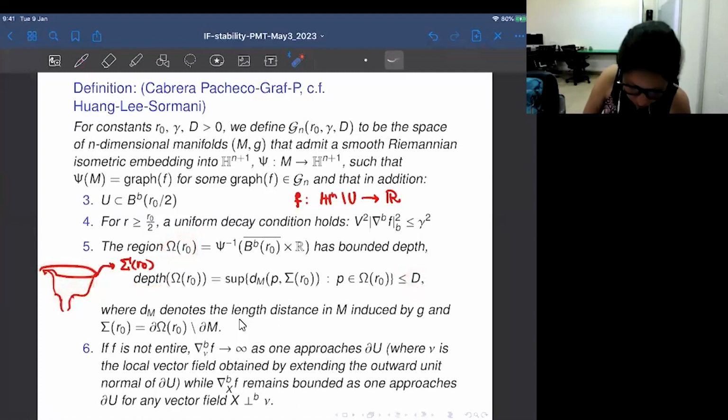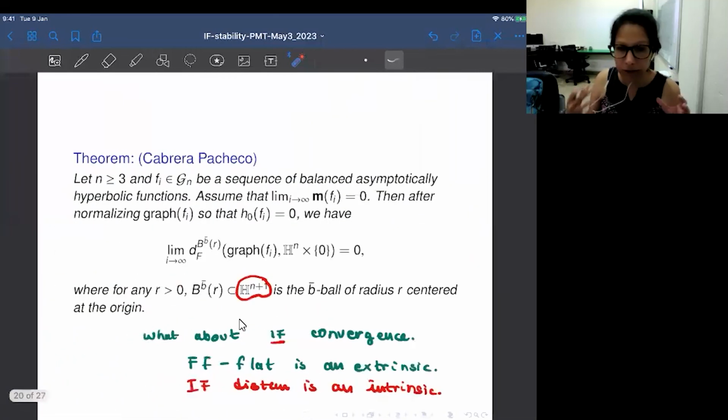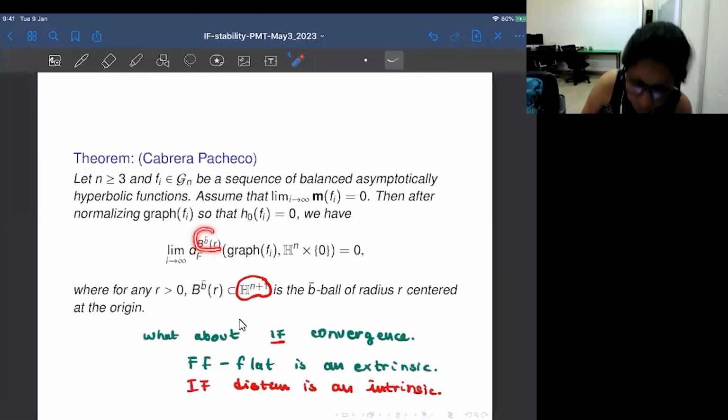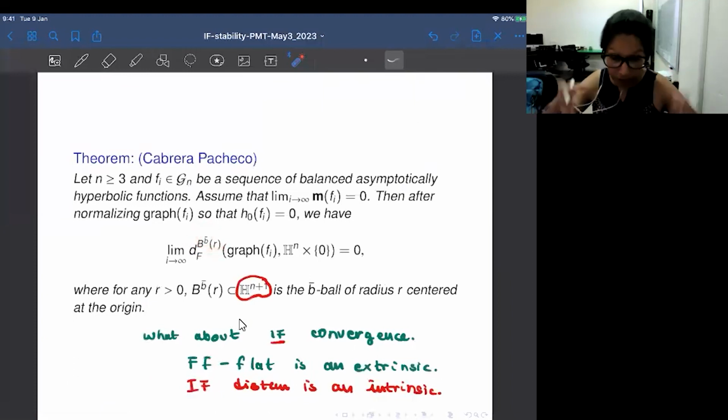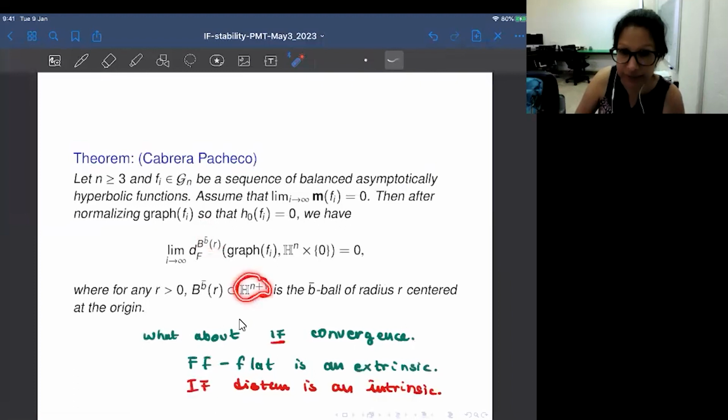This condition is required because, remember, if one uses a Federer-Fleming distance, one can say, I'm going to calculate my distance in a particular ball because we are in a fixed space. But when we use intrinsic flat distance, we cannot just restrict ourselves to a ball.